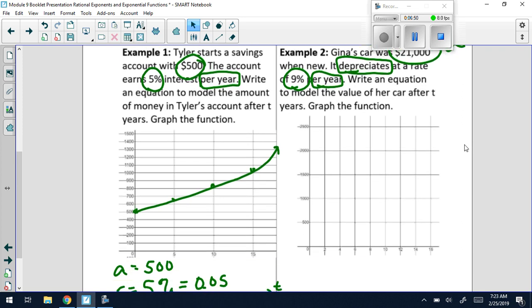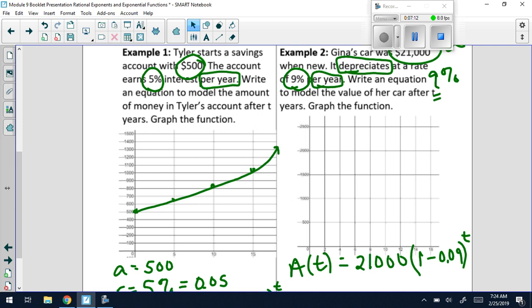So again, we're going to go to our model. A of t equals our initial amount. This time, because it is decay, we're going to subtract. And don't forget, we're changing that 9% to a decimal. Move your decimal 2 places to the left.